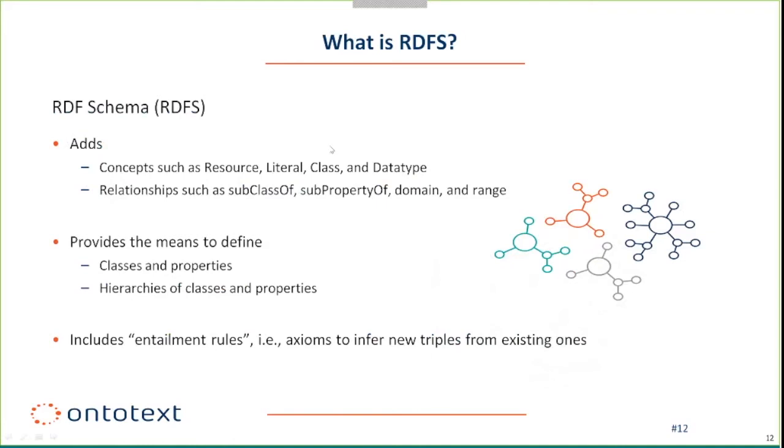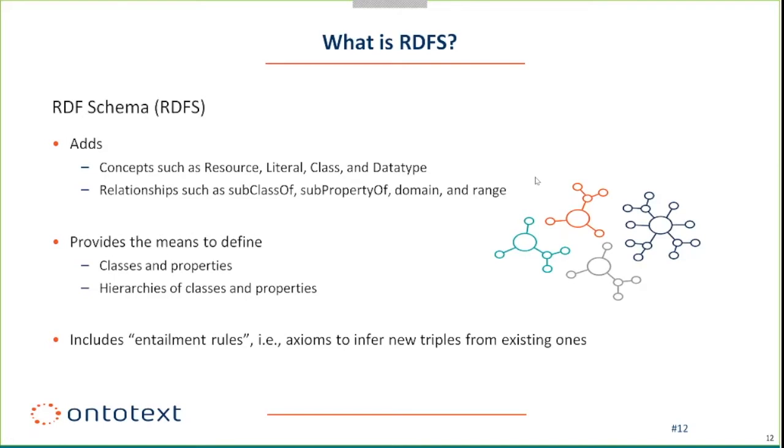You can also define classes and data types of literals, and it also allows you to define relationship between the different classes or the properties, as well as defining the domain and range on a particular property, where the domain refers to defining what the class of the subject is, and the range refers to defining what the class of the object is.